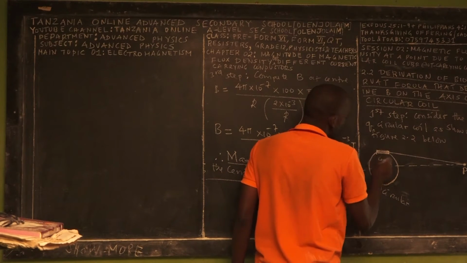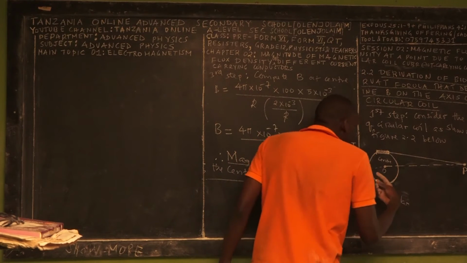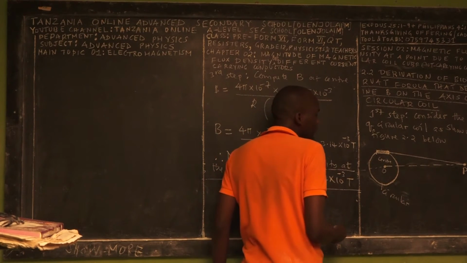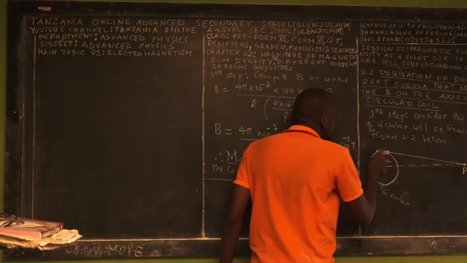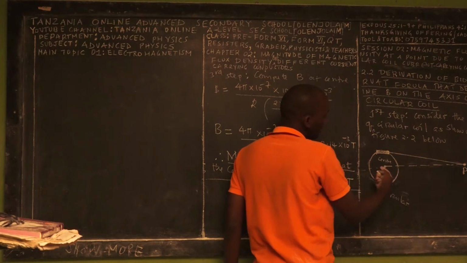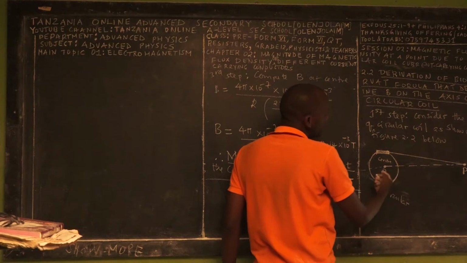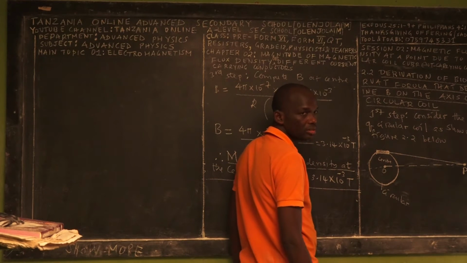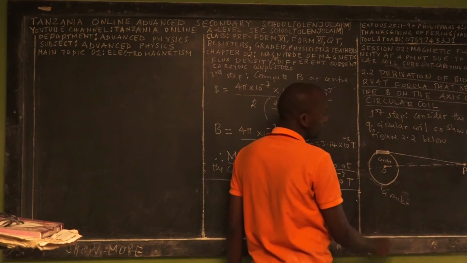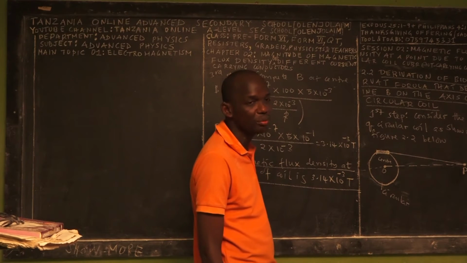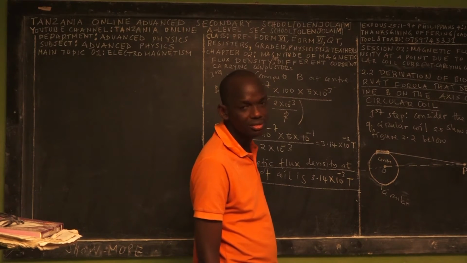We present a hollow circular coil in two-dimensional planes, so we take a small segment here and not here. Why? Because here there is no circular coil. If you take it from here, you are completely wrong, and you'll be deriving a formula which is not the Biot-Savart formula.